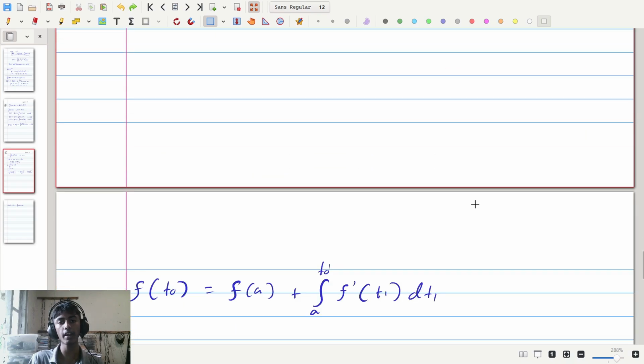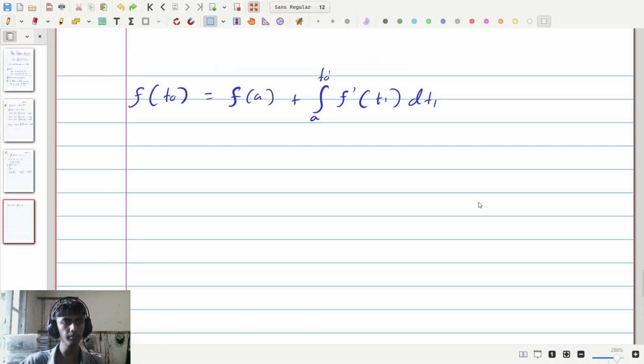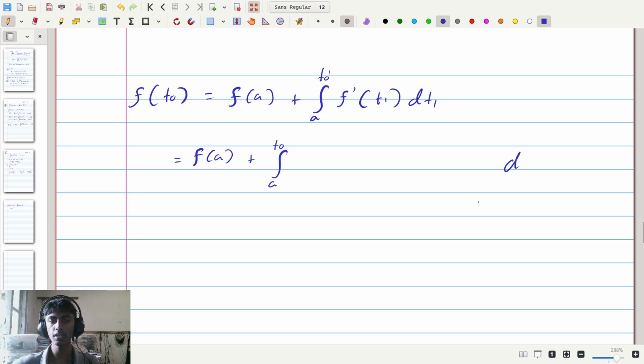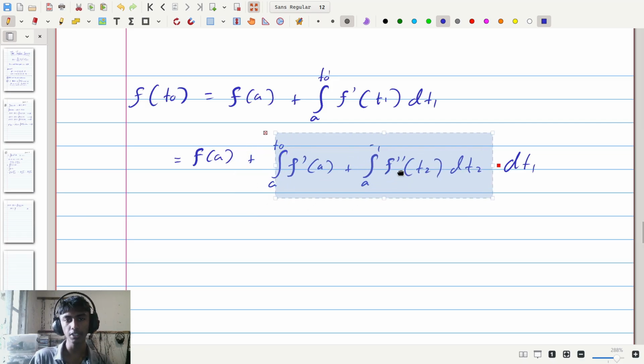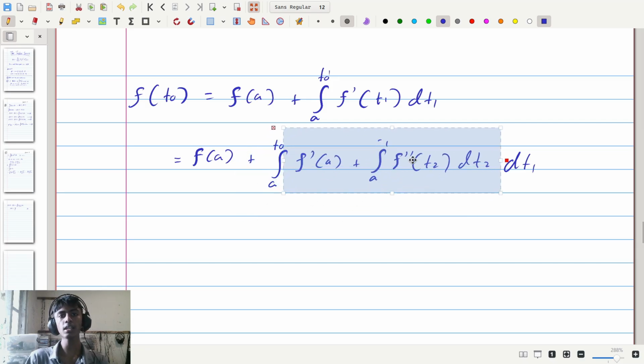First off, we're going to rewrite everything else except that last part. So here we have this equal to f of a plus the integral as we get t1 going from a to t0 of f prime t1. As we saw above, f prime t1 is equal to this expression here. So we're going to substitute that in place of f prime t1. So then doing that, we have this expression now.